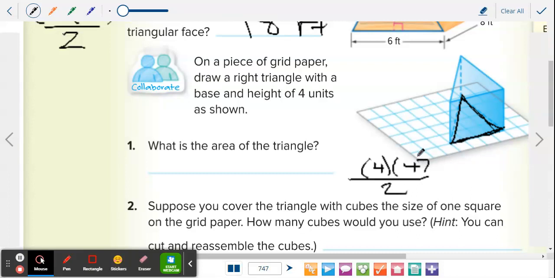So you're going to do 4 times 4 divided by 2. So that would be 8 units squared. All right, so that goes into the next page. So once you have all that, go ahead and go on to the next page. We're going to skip the other ones.